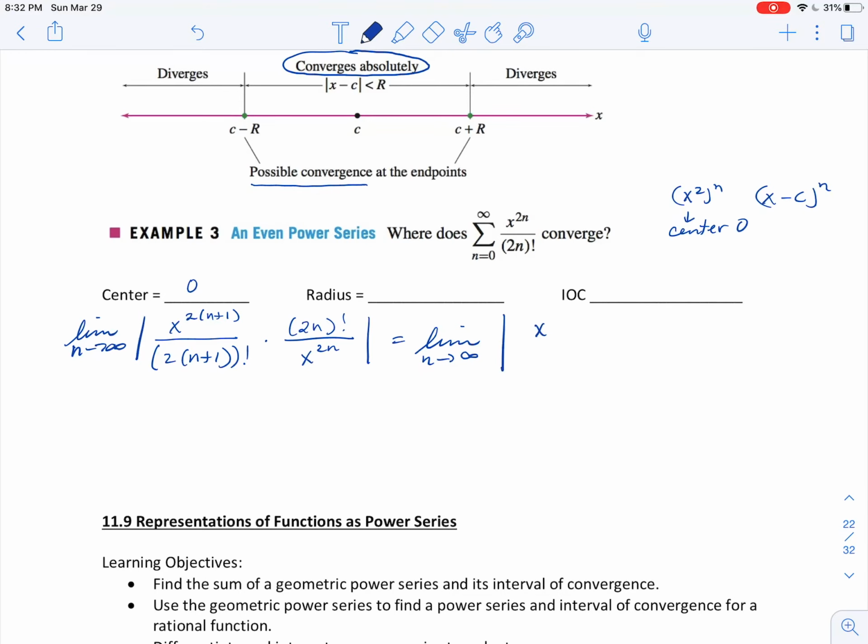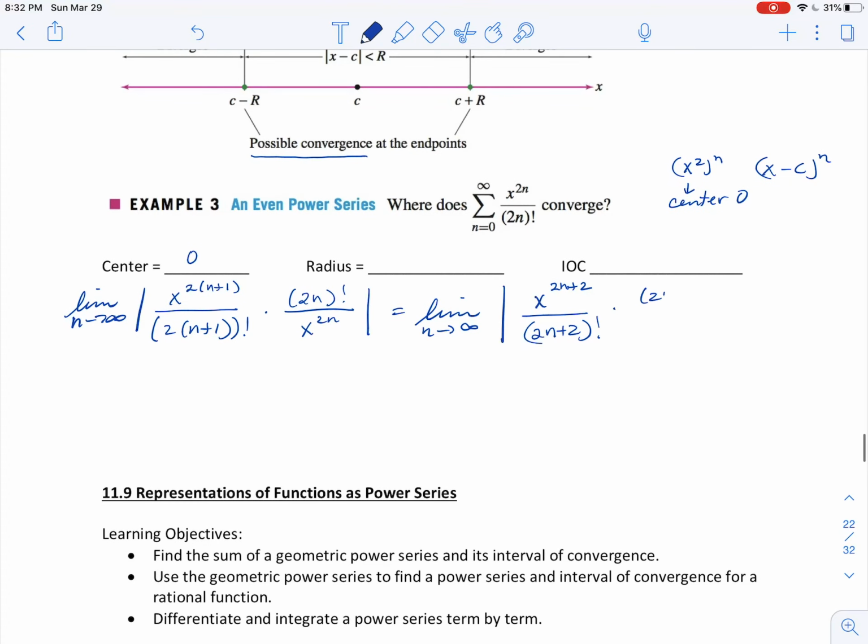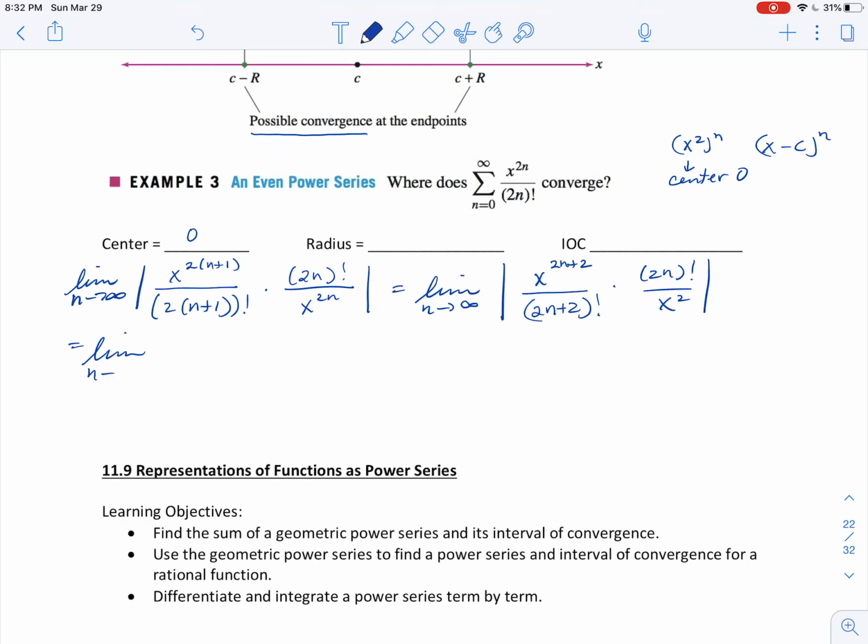But what we can do is rearrange the terms. And while we're at it, let's use the distributive property. That's x to the 2n plus 2 over 2n plus 2 factorial, and then the second one is 2n factorial over x squared. I forgot to rearrange, didn't I?